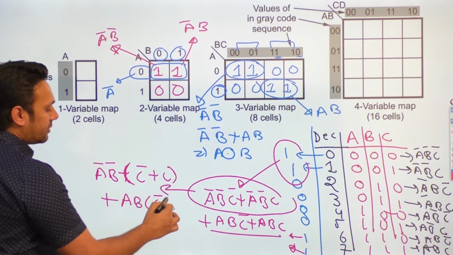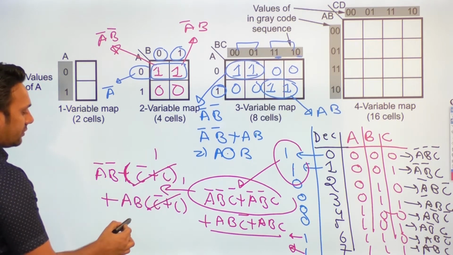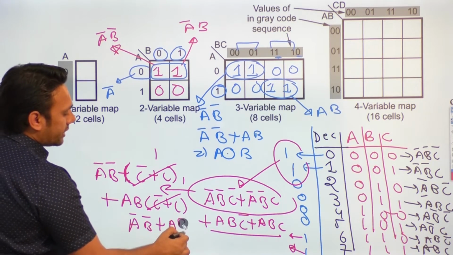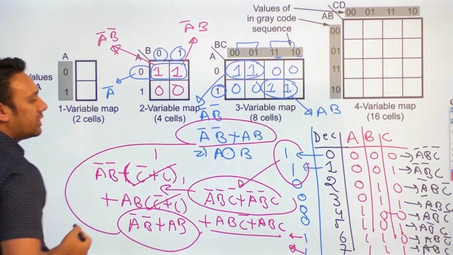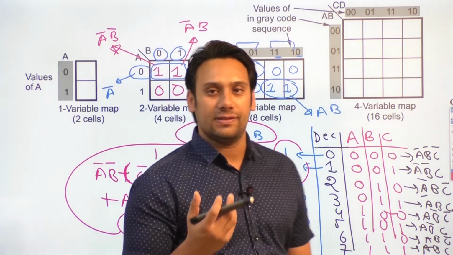Inside we are going to get C complement plus C. Therefore this is 1, this is 1. Therefore we are going to get A complement, B complement plus AB. So you can clearly see this expression as well as this expression, both are exactly the same. जो दोनों expressions हैं दोनों exactly same है.